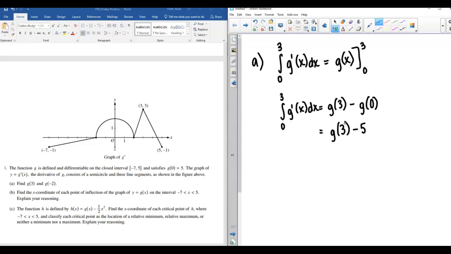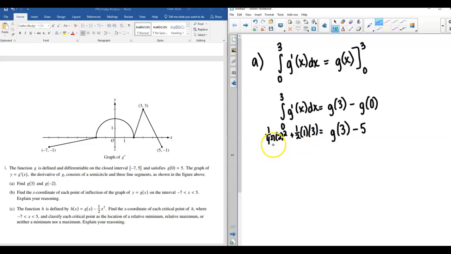The other thing I know is that this integral from 0 to 3 is the area under the curve from 0 to 3. So I've got a quarter of a circle, so 1/4 pi times 2 squared, plus this triangle here, 1/2 times 1 times 3.